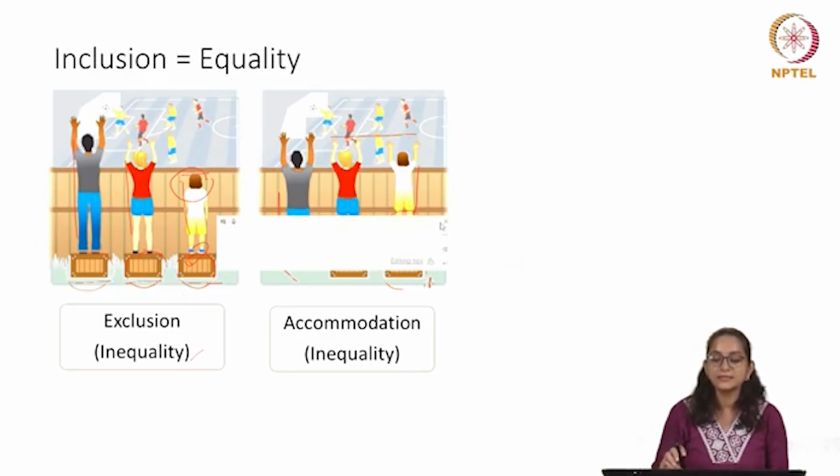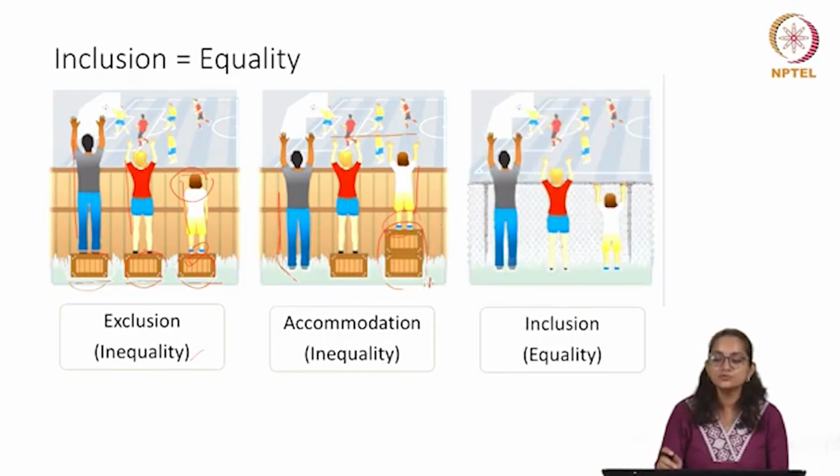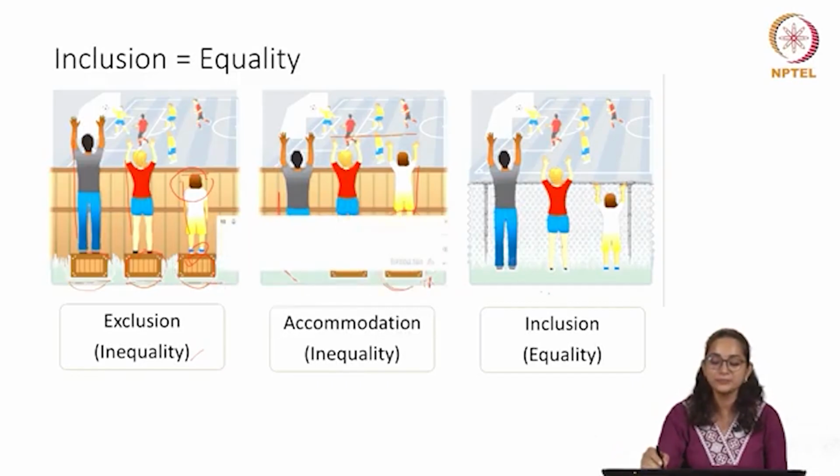Then if we rethink the problem to begin with and do not think of accessibility as an afterthought, but rather as an aspect of the problem itself, that okay, different kinds of people will come to watch the match, then how do we enable everyone, different kinds of people, to see the match?